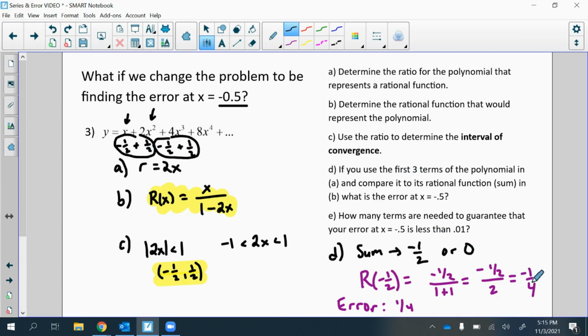Well, 0 minus a fourth and negative 1/2 minus negative a fourth, the absolute value of that is always 1/4. So the error never changes. The error never gets closer to 0. There's always a big error. It does not converge, and it wasn't in our interval of convergence. So that makes sense.